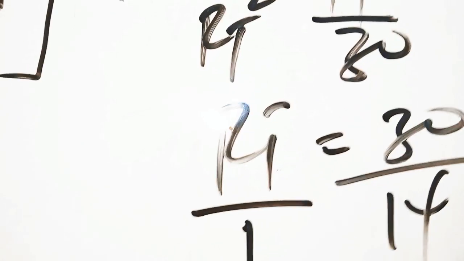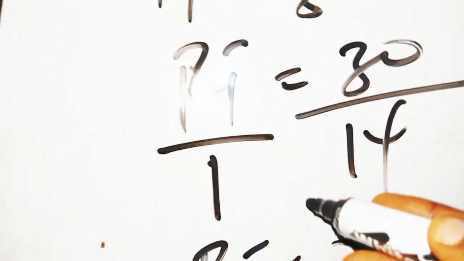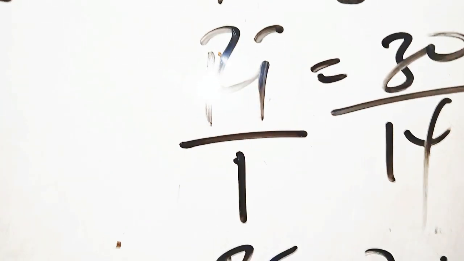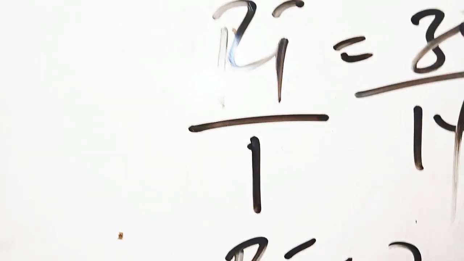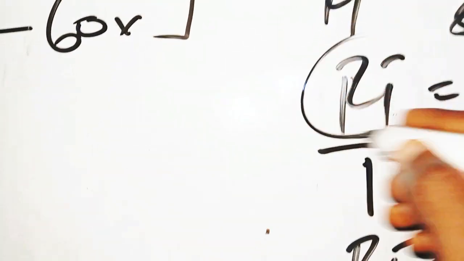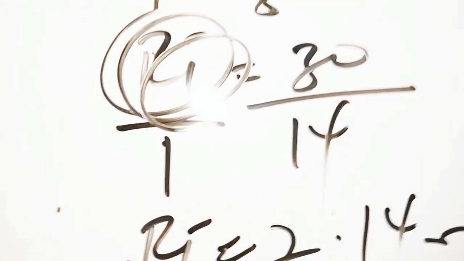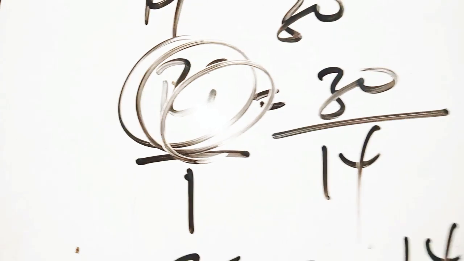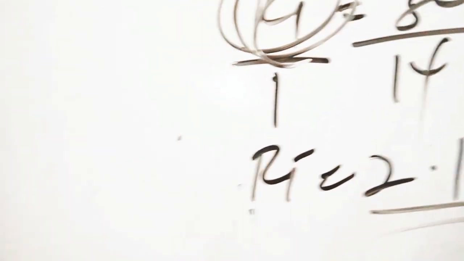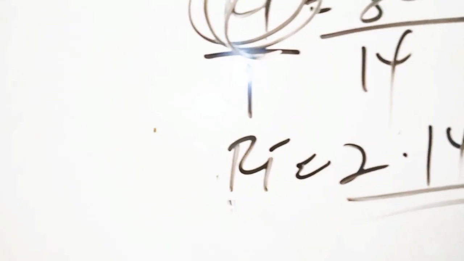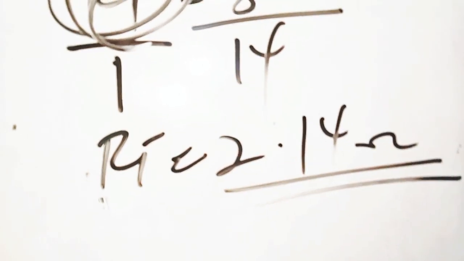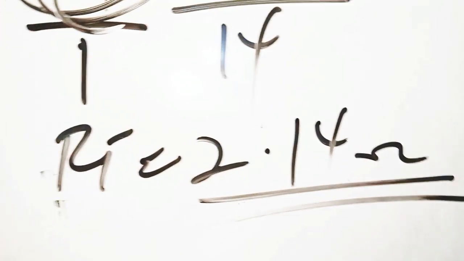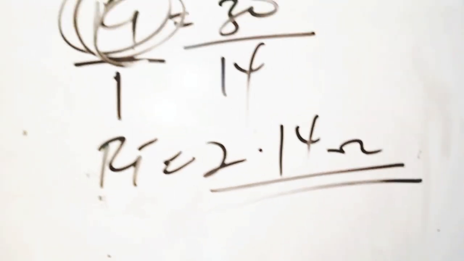So down here we have RT is equal to, because we are asked to find RT, we reciprocated it and we have 30 divided by 14. So therefore our total resistance of resistors is 2.14 ohms. That's our total resistance.